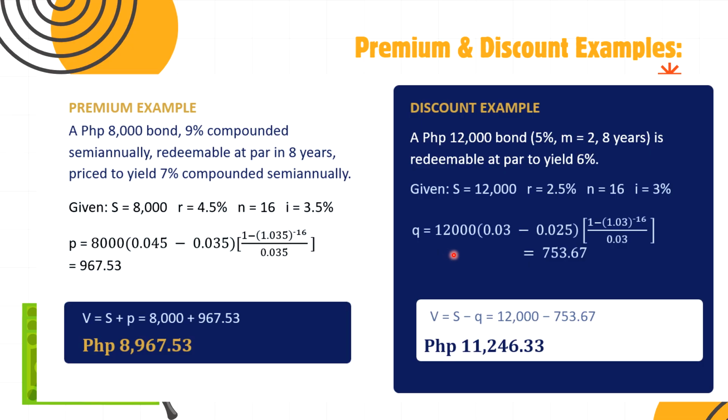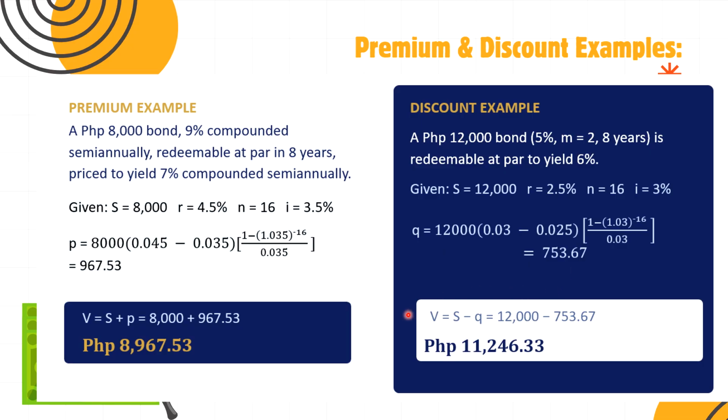12,000 multiplied by 0.03 minus 0.025 multiplied by 1 minus 1.03 raised to negative 16 over 0.03, that would be equal to 753.67.